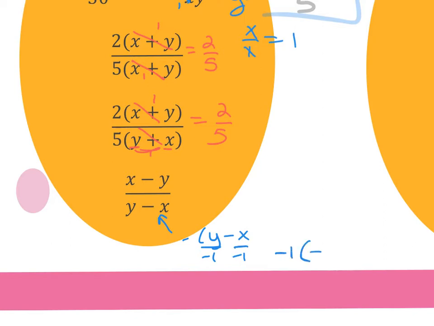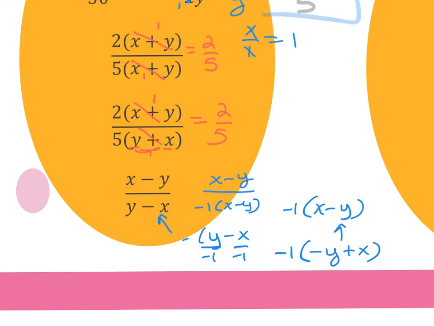Then I'm left with -y plus x, which really turns into x minus y with a -1 in front. So I could actually turn the denominator into -1 times (x minus y). I still have the same top, and now I can simplify. And then I would get 1 over -1, which simplifies to -1.